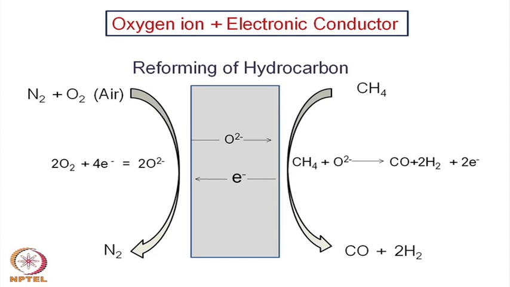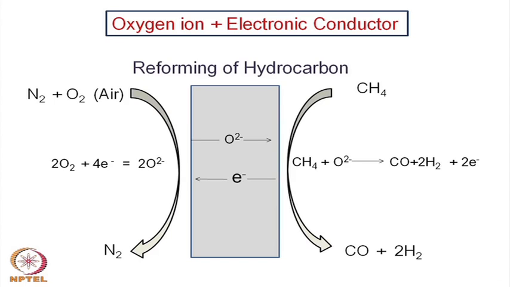Here there is no question of an outer circuit. There is no EMF generated, and we are not impressing any voltage from outside. What we have is basically an oxygen potential difference, high oxygen potential on one side and low oxygen potential on the other side, and that is the driving force which drives oxygen ion to move from one side to the other.